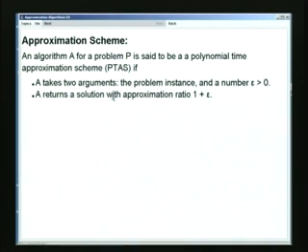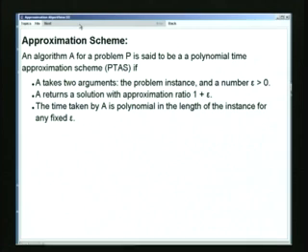So, A is going to return a solution with approximation ratio 1 plus epsilon. The smaller we name this number, the better our solution is going to be. But as mentioned earlier, the time taken by A is going to be polynomial, and now it is going to depend on epsilon. So, this polynomial may change with epsilon, that is the new addition.